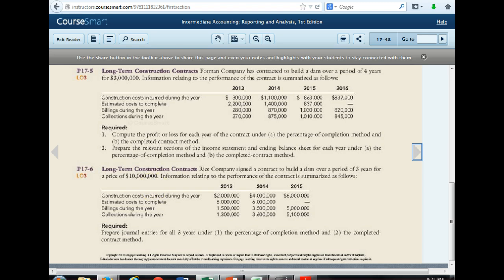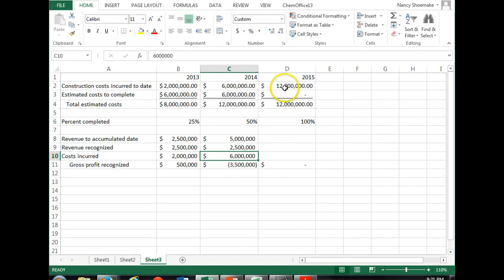But what are they ultimately expecting the cost to be? This is a problem, isn't it? Because all of a sudden now the costs are being expected at 12 million, are we going to have a profit here? We're not going to have a profit at all.